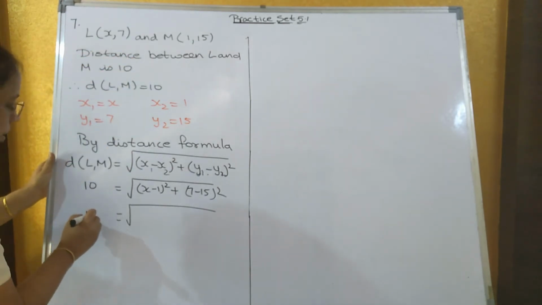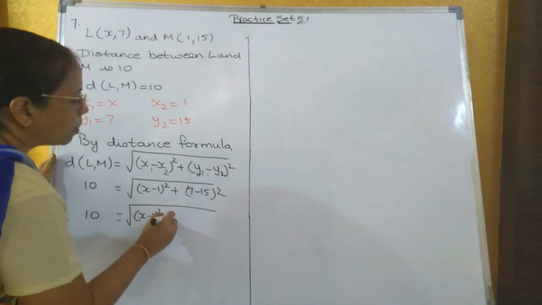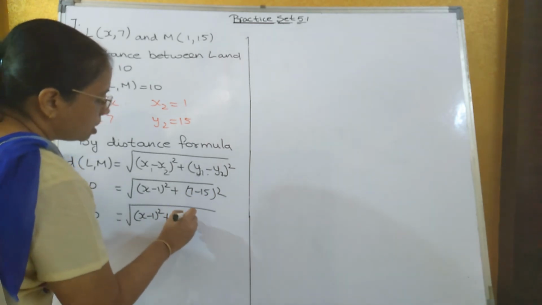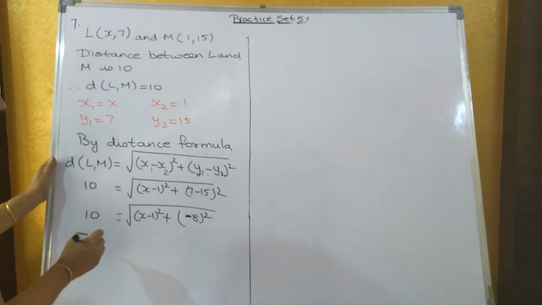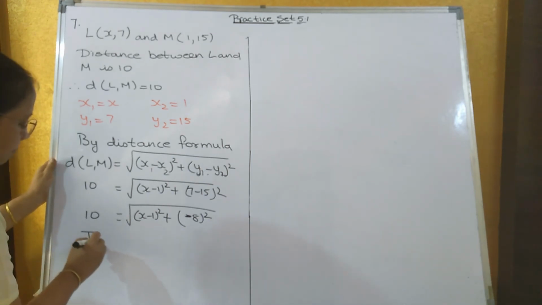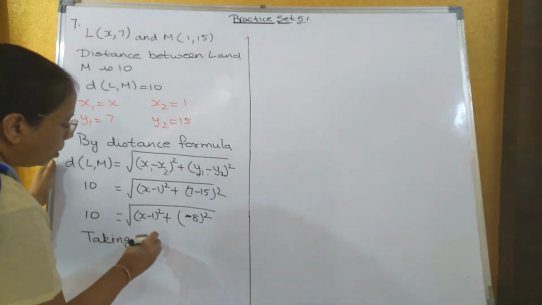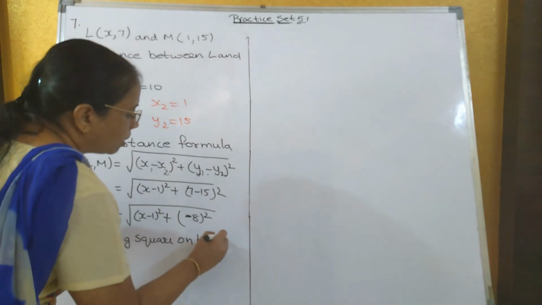So 10 is equal to x minus 1 the whole square plus 7 minus 15, that is minus 8 the whole square. Now taking square on both sides. Now why are we taking square on both sides?